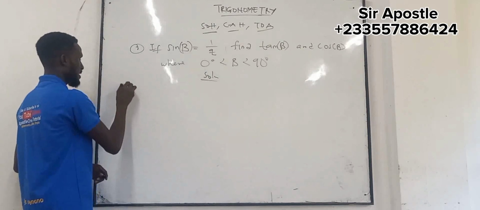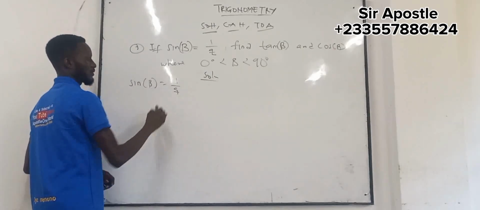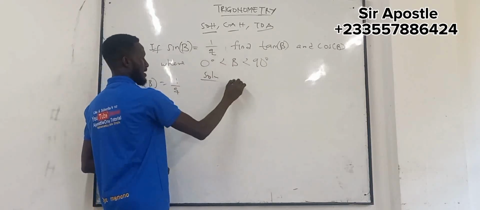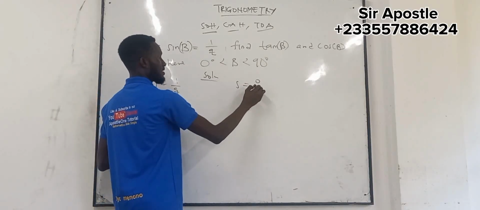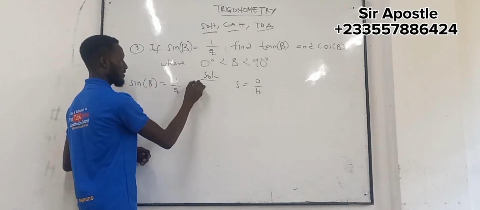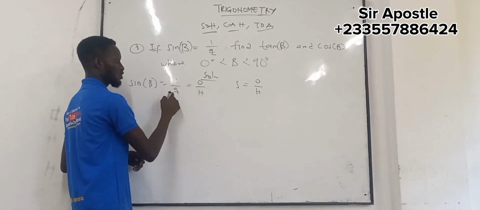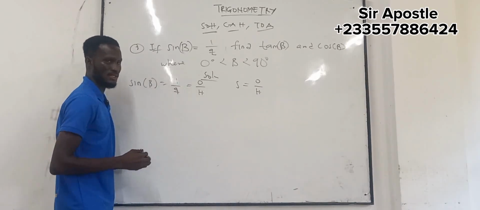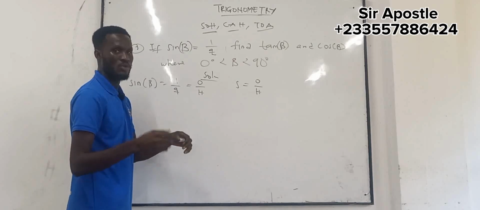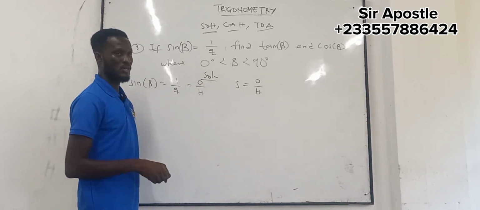So as we said, we have sine B is equal to 1 over Q. What is sine? Sine is opposite over hypotenuse. So the opposite is 1 and the hypotenuse is Q. As usual, anytime they give you a question like this, try to draw a right angle triangle to solve.